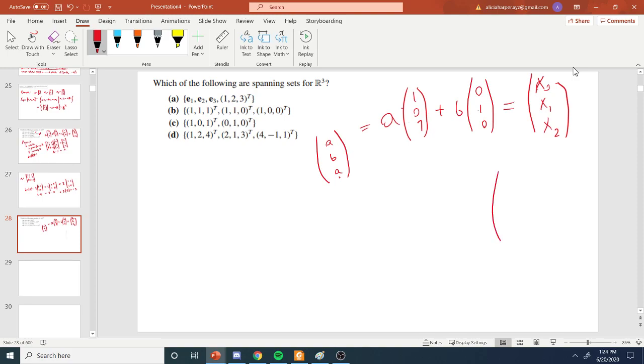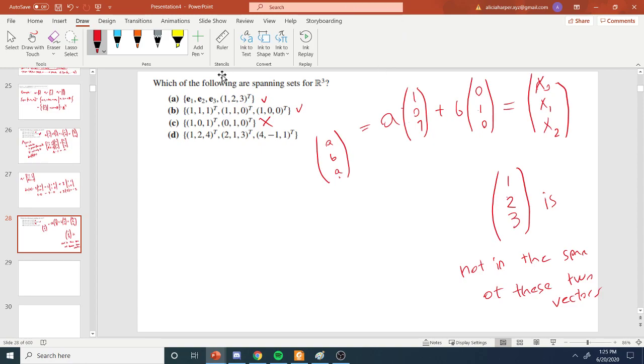So, for example, the vector (1, 2, 3) is not in the span of these two vectors. So whereas A was a spanning set and B was a spanning set, C is definitely not a spanning set. In fact, this only spans something that is two-dimensional.